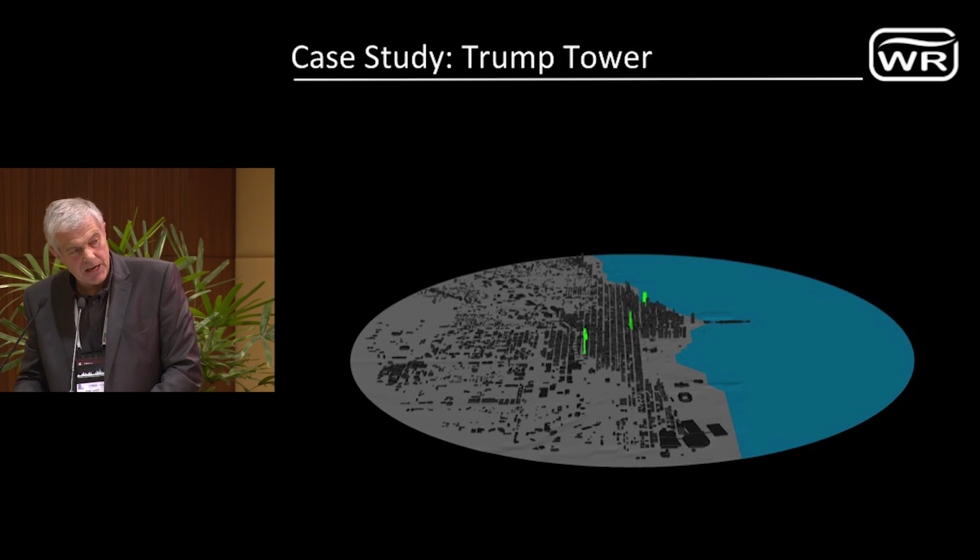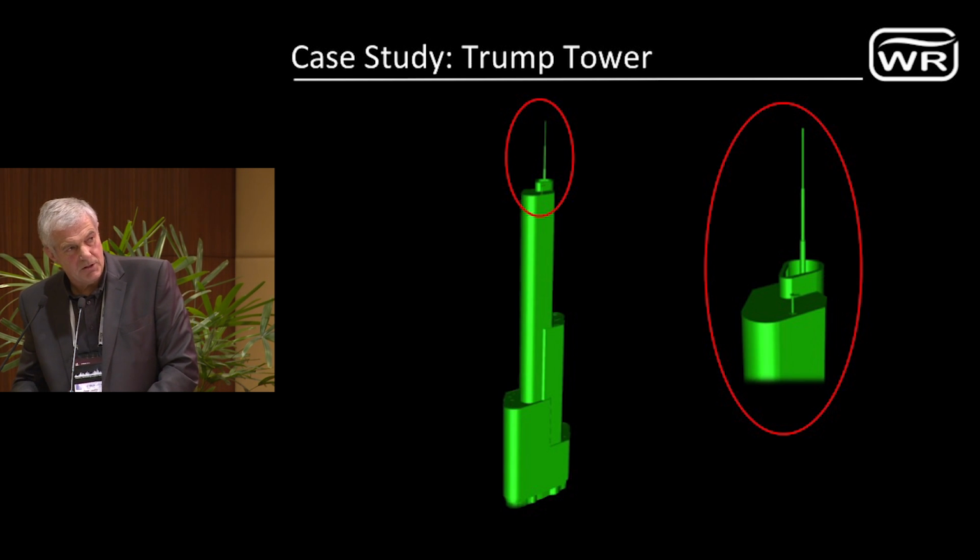So still keeping the 10-kilometre disc, we then start to focus a bit more, and so we wanted to have a look at the Trump Tower. So this is looking at this thing within the 10-kilometre disc. So we start to look at the top of the Trump and get some more detail of what's happening at the very top of its spire. So this, again, is coming in quite close.